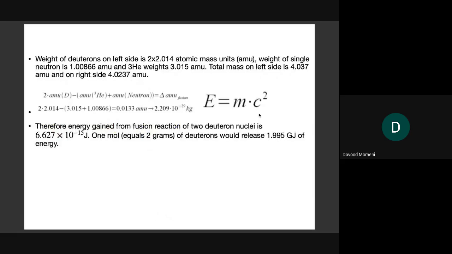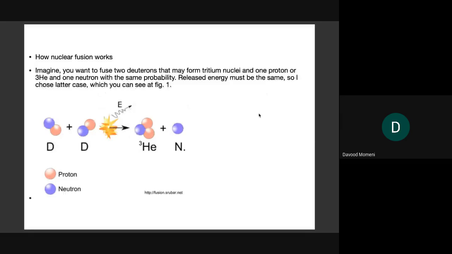So you have two deuterium. Each deuterium has the mass of 2.014 atomic mass unit, which is called AMU. So you have two of them on the left side. And on the right side, you have one neutron and one helium-3.